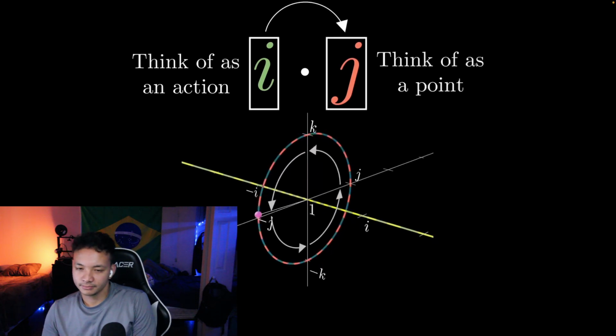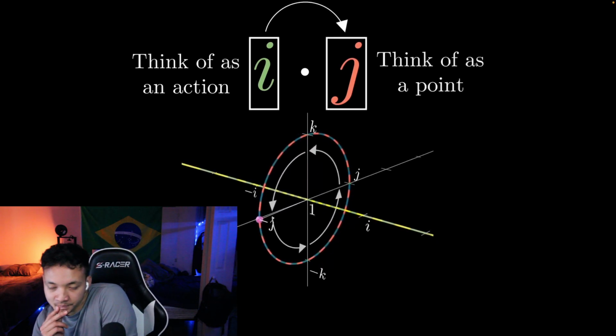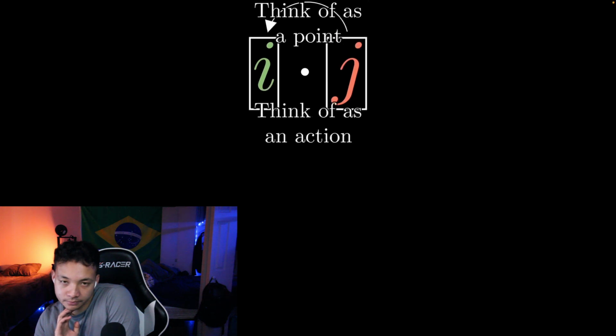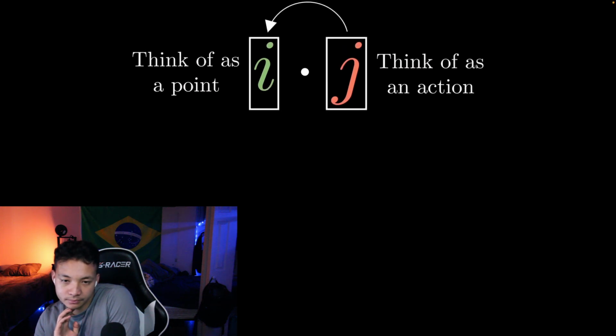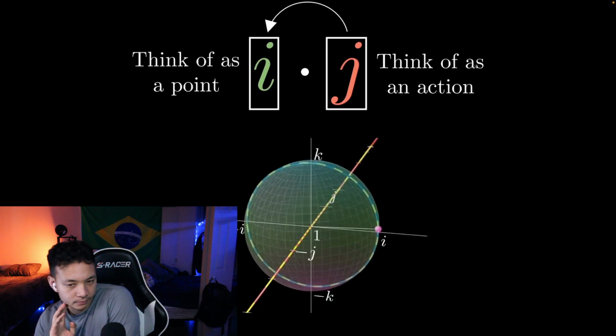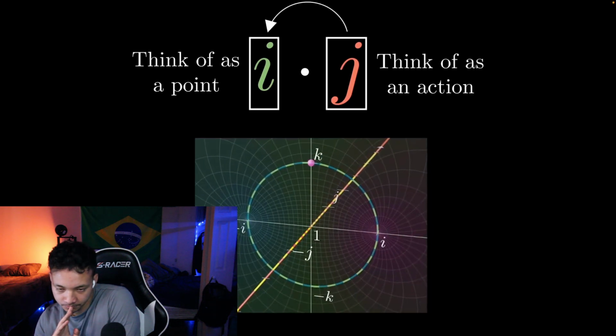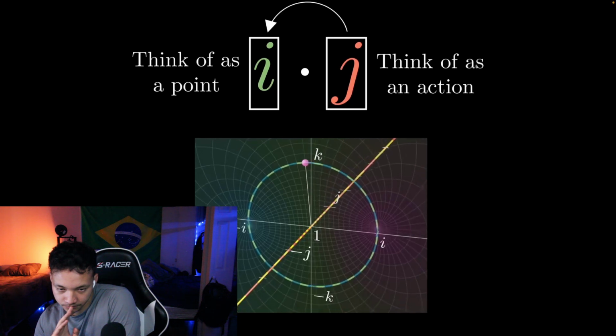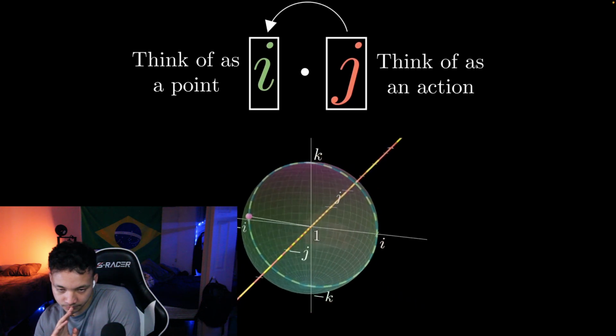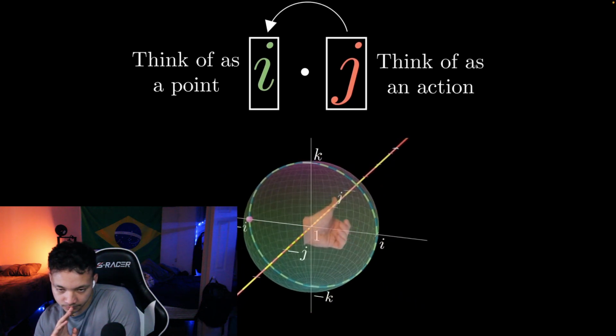But you can also think of them as a different sort of action, by multiplying from the right, where in this expression, j would be acting on i. In that case, the rule for multiplication is very similar. It's still the case that 1 goes to j and j goes to -1, etc., but instead of applying the right-hand rule to the circle perpendicular to the 1j circle, you would use your left hand.